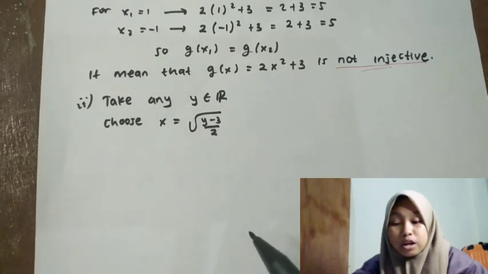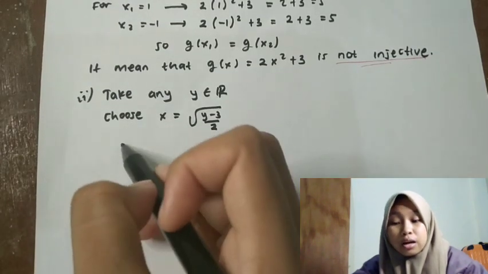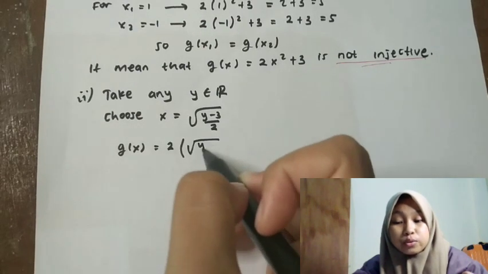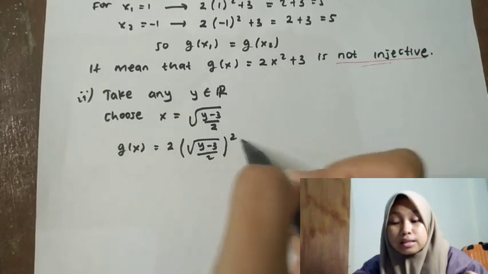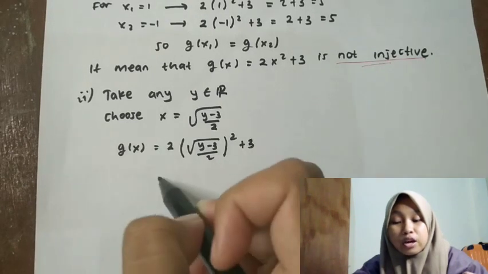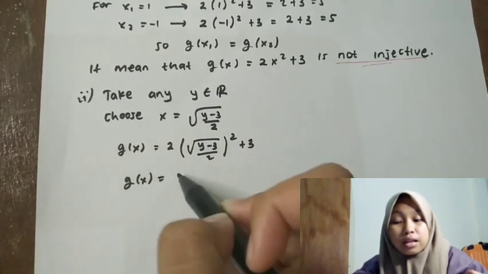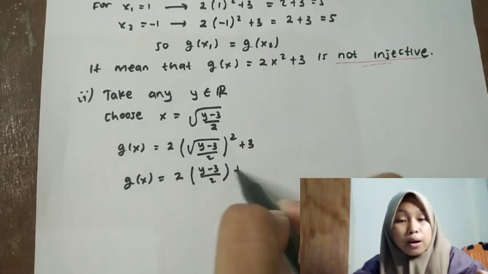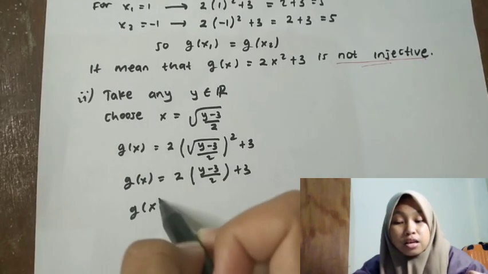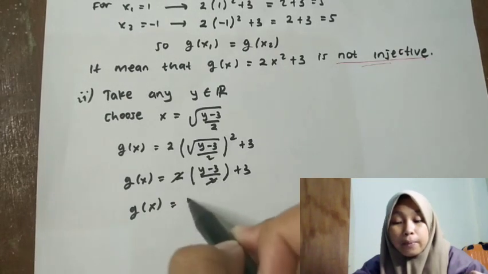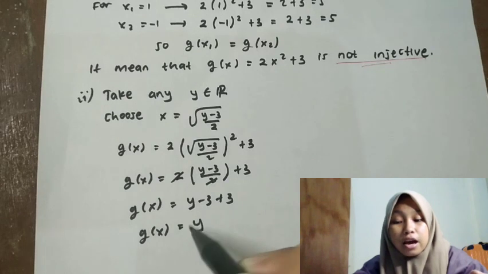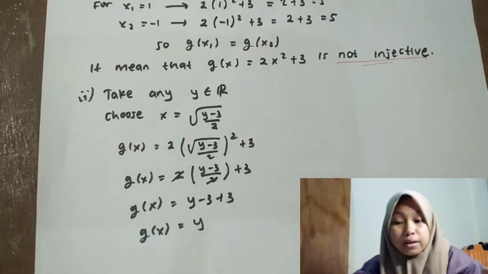So g(x) = 2 times (the square root of (y - 3)/2) squared plus 3. g(x) = 2 times (y - 3)/2 plus 3. g(x) = y - 3 + 3, so we get g(x) = y.